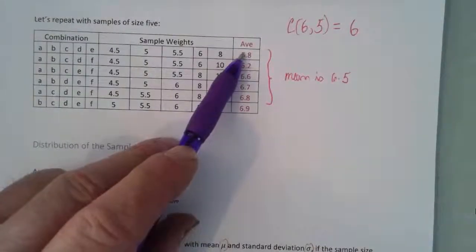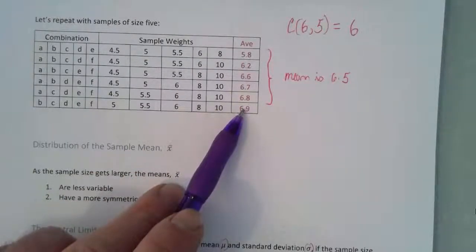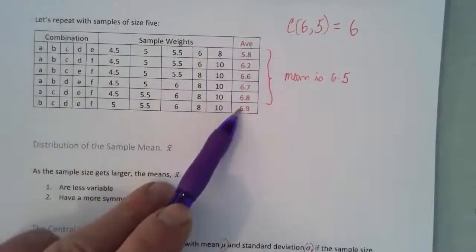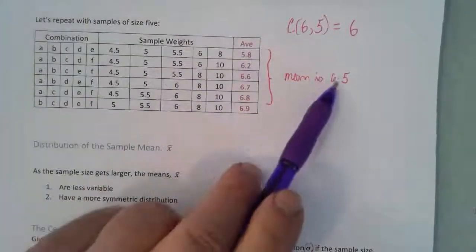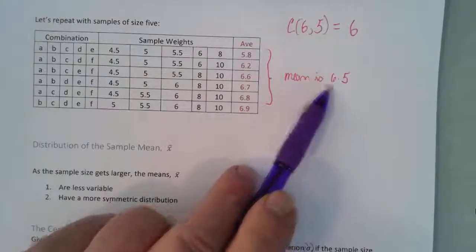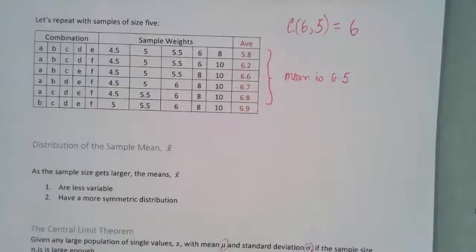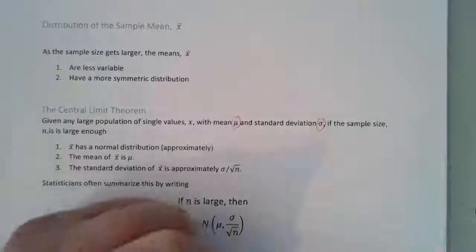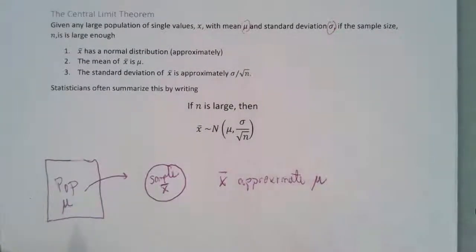Now, we've seen the effect ourselves. The x bar of a single sample does not have to be the mean of the whole population, which in this case is 6.5. These means can differ, but the average of all these means must land here, 6.5, which is the mean of the entire population. So these x bars are going to approximate the mean of the whole population.